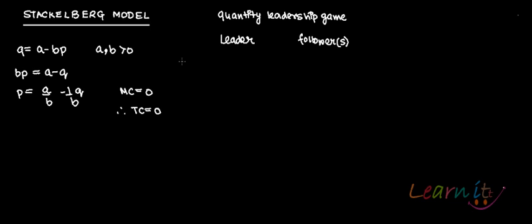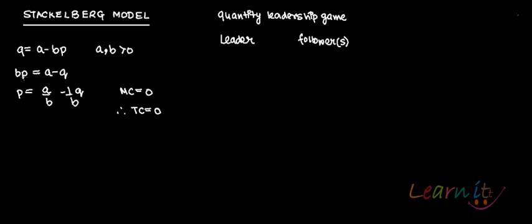Now, the idea of this game is that the firm that is leading will have a larger quantity share in equilibrium, while the firm that is following will have a lower quantity share in equilibrium. Suppose Q is equal to A minus BP, this is the market demand curve which is given to you.